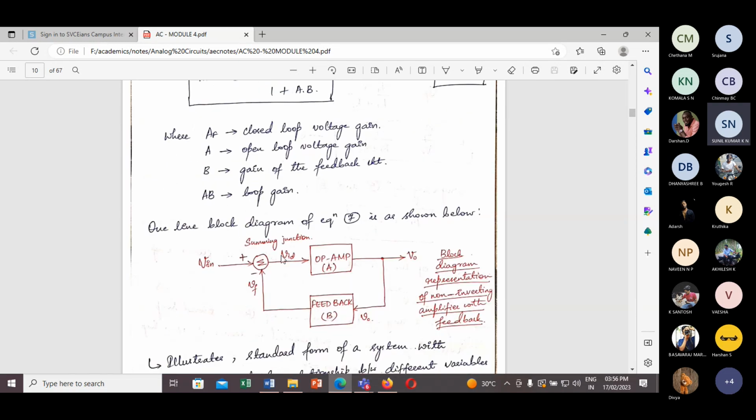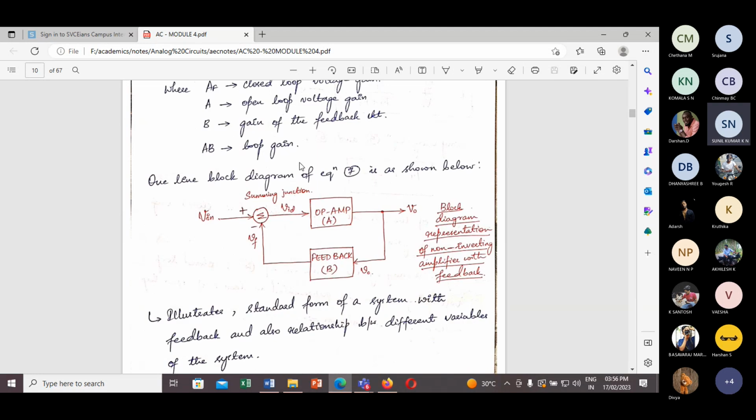With this I can write the generalized block diagram of the voltage series feedback. Vin is the input, and the feedback network is nothing but R1 and RF. VF is subtracted from Vin, so Vin minus VF will be equal to VID, the difference between the two input signals at the op amp input.